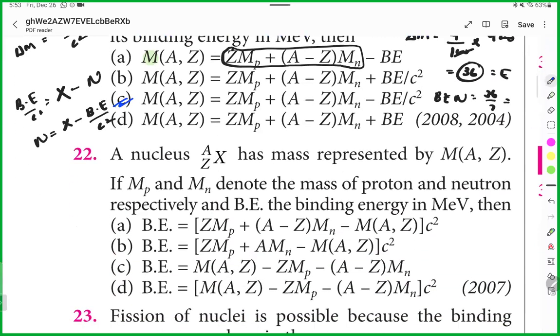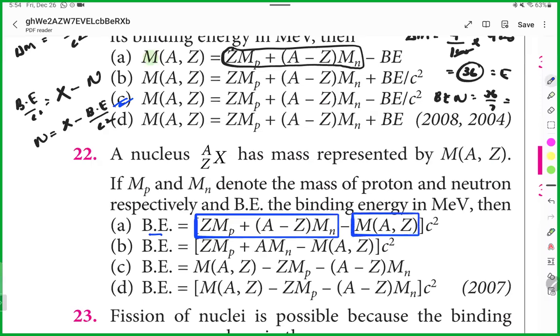Tara, next question. What will be the binding energy? This is constituent mass, proton and neutron. This is nucleus mass.